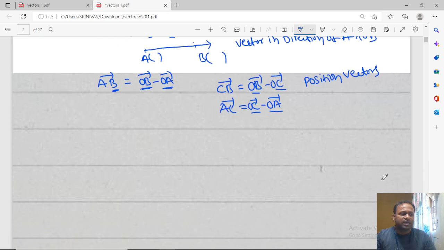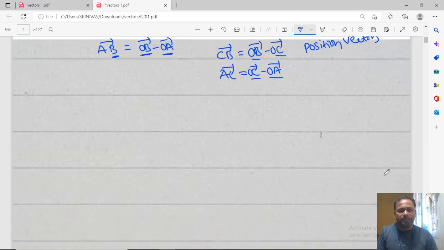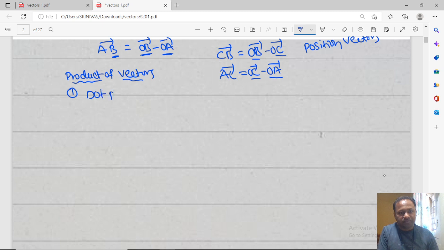Next, we will move on to the main topic, that is the product of vectors. Two types will be there. One is the dot product, or we can say scalar product.